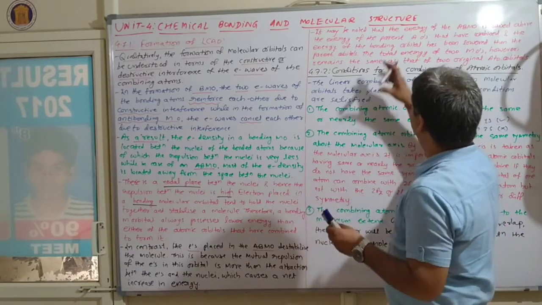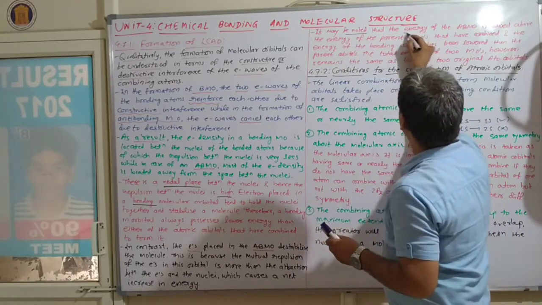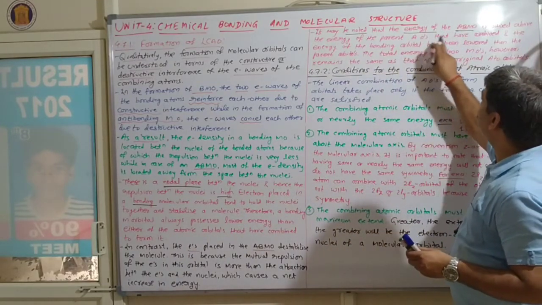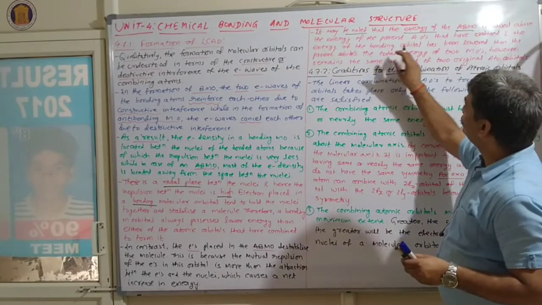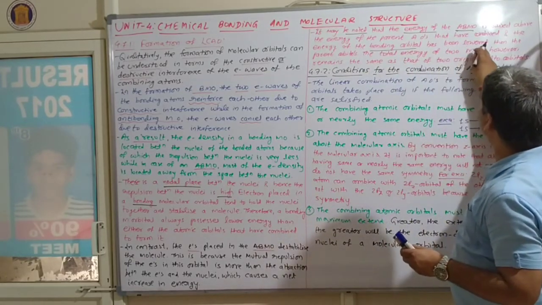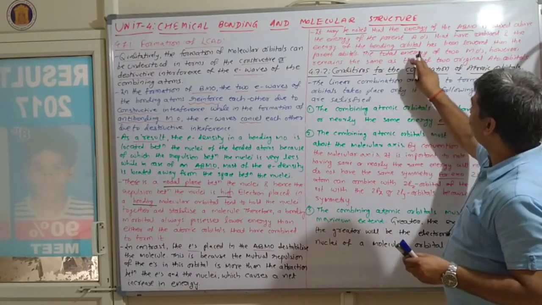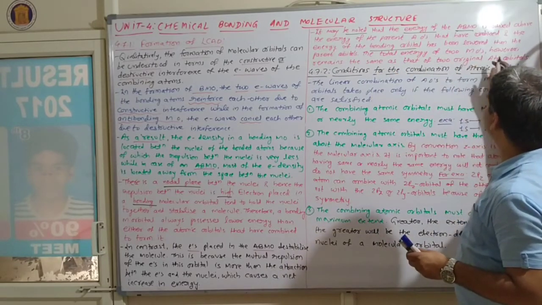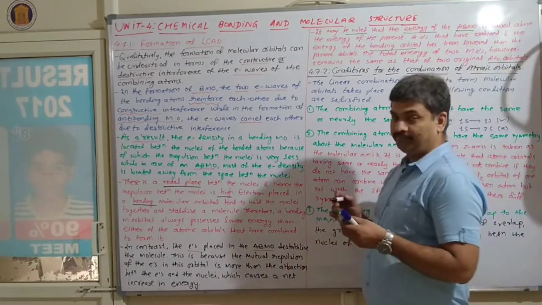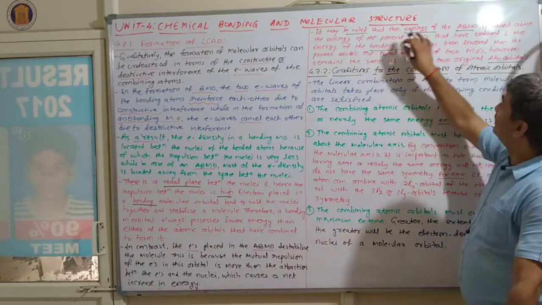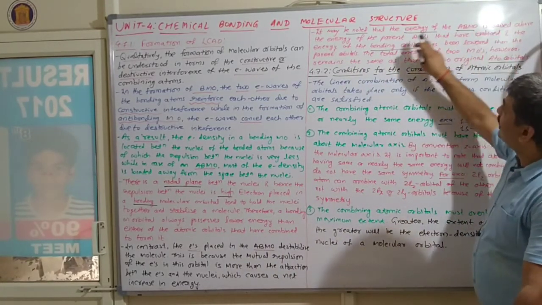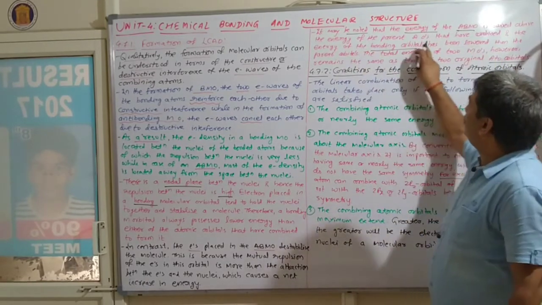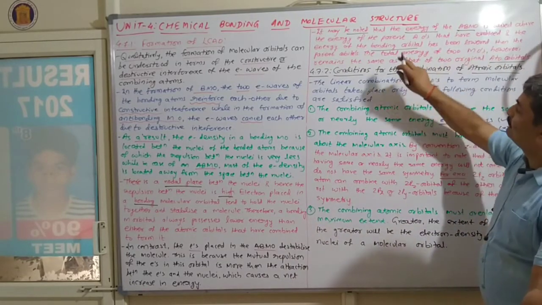Now, it may be noted that the energy of ABMO is raised above the energy of the parent atomic orbitals that have combined, and the energy of bonding orbital has been lowered than the parent orbitals.